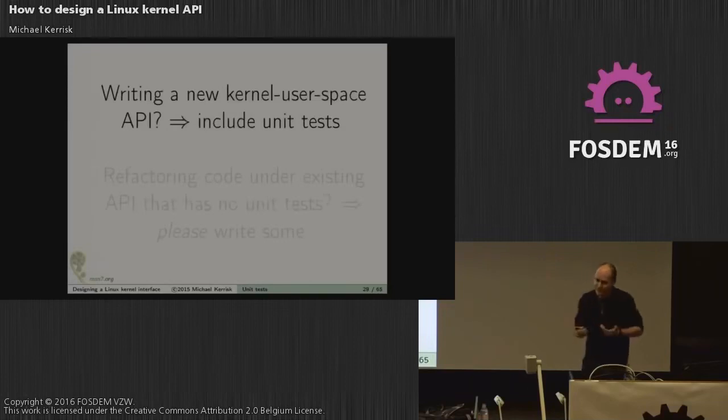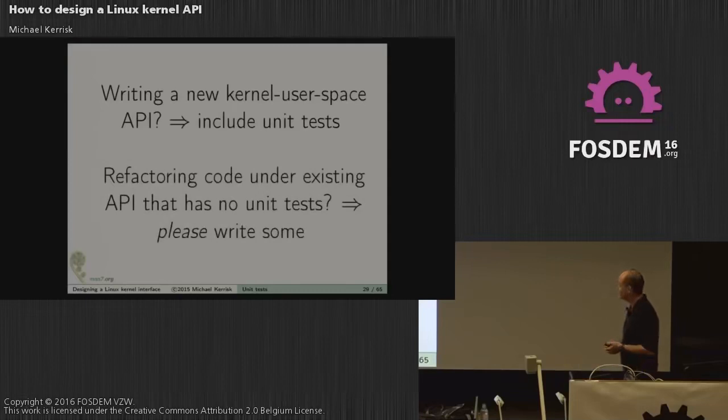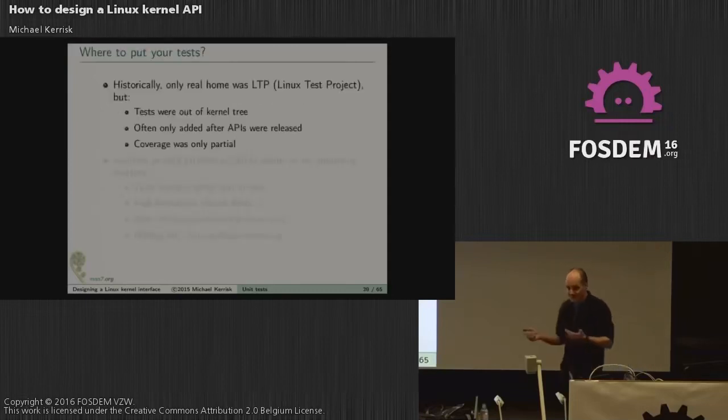So, whenever you're adding a new kernel API or you're refactoring an existing API, write some unit tests. One of the problems historically was that there was not a good home for unit tests.